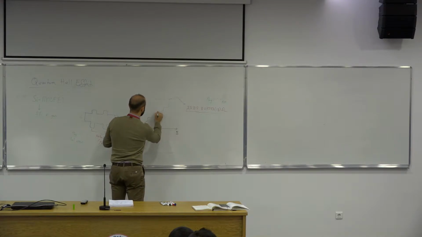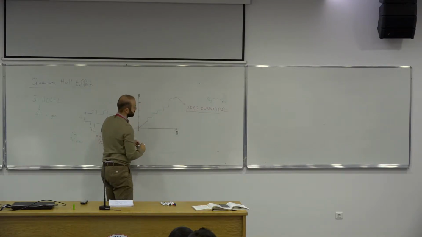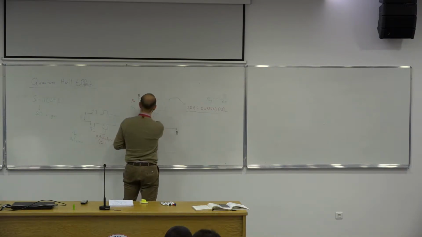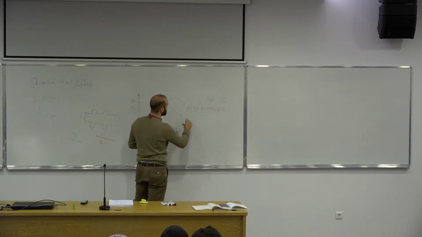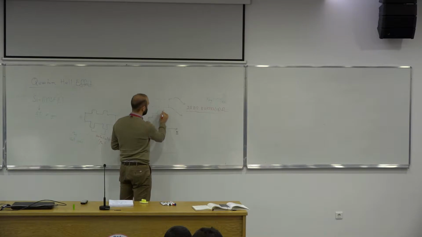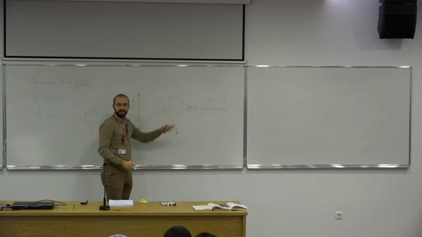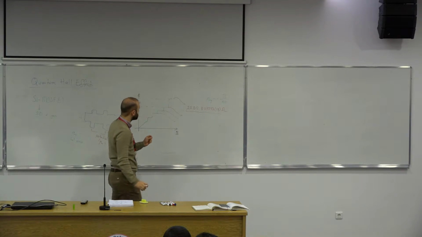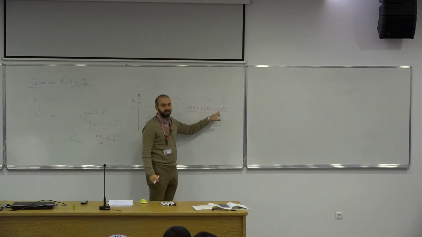Sorry, it's rather difficult to draw. The value here is half of this value, and the value here is 1/3 of this value, and the value here is 1/4 of that value. And the precision that we have in this measurement is down to the 10th figure.